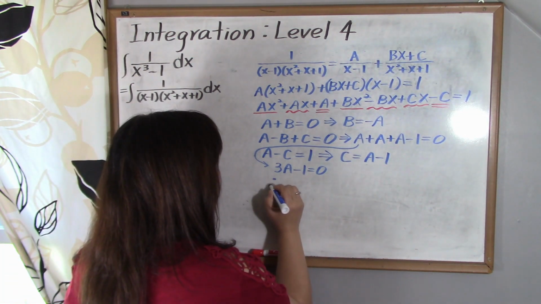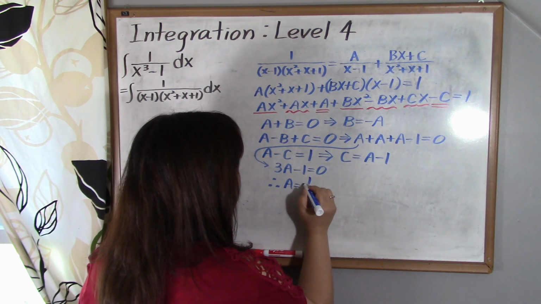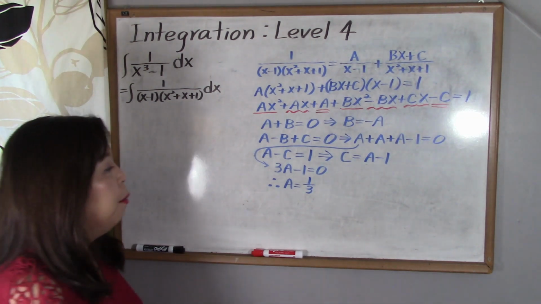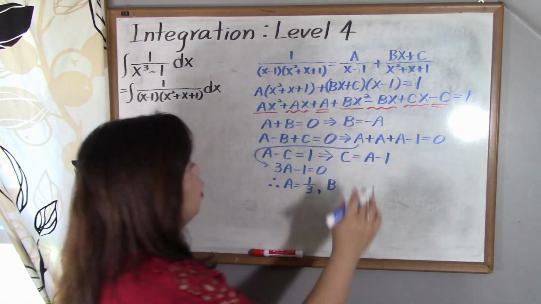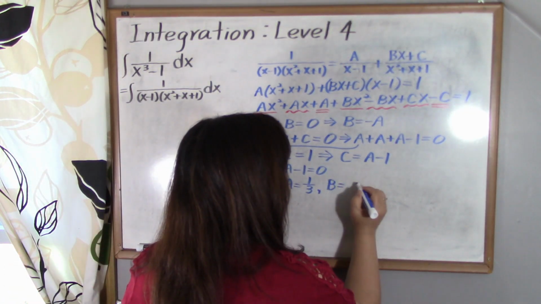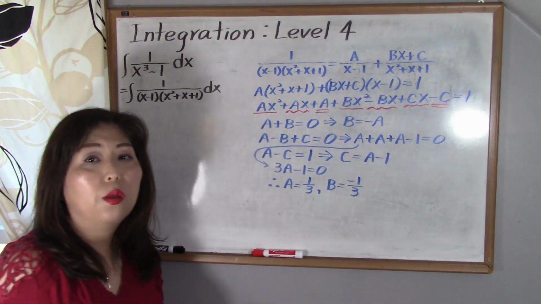Therefore, a is equal to 1 over 3. Right? How about b? So b is equal to negative a. So b is equal to negative 1 over 3. Okay?